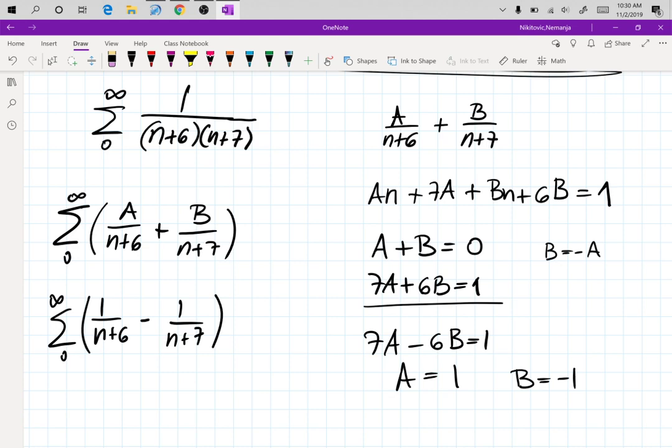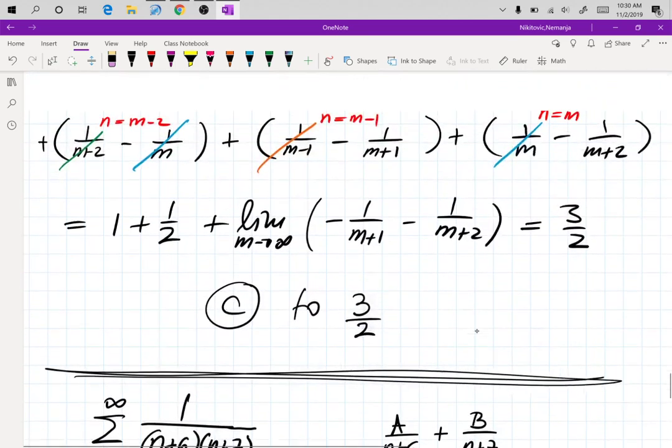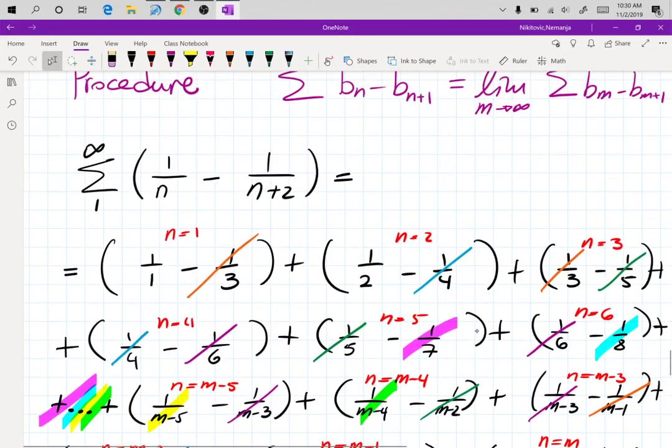Now, guys, these numbers, 6 and 7, are 1 apart. That means that only the first and the last parenthesis will give the contribution. You don't know this yet because you're just learning, but from n to n plus 2, they are 2 apart.